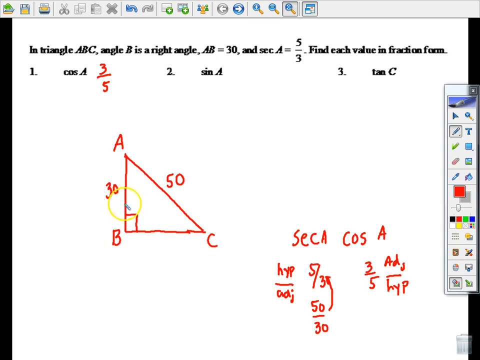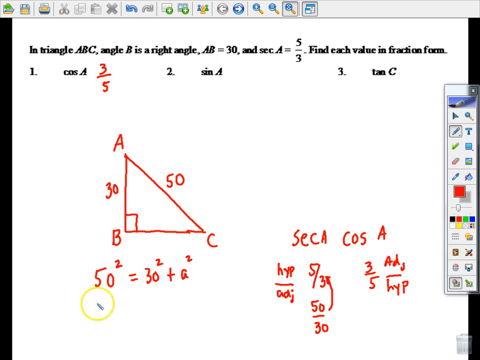And now we're going to use the Pythagorean theorem to come up with this missing side so that we can get the rest of our answers. In this case, the hypotenuse squared, 50 squared, equals 30 squared, plus this unknown side, we'll just call it A squared since it's the side opposite angle A. Now you're going to use your calculator, and since we're going to be subtracting, I would just do 50 squared minus 30 squared.